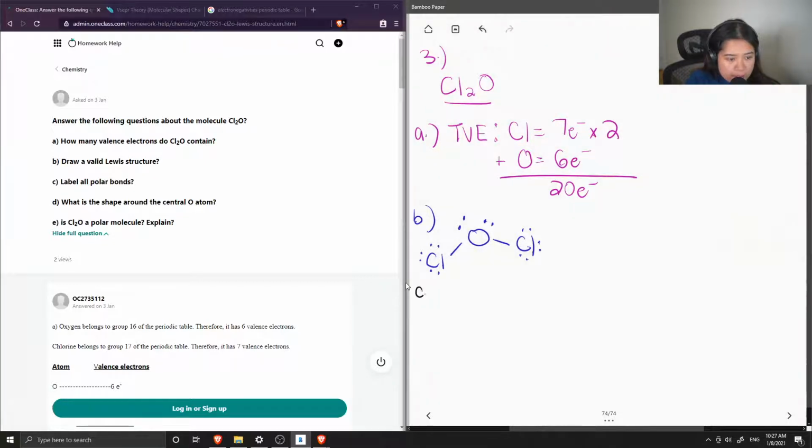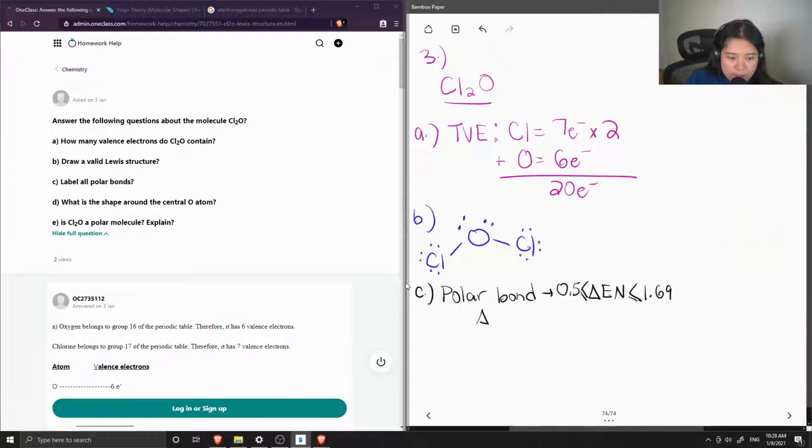Part C, label all polar bonds. Typically you have a polar bond when the electronegativity difference between the 2 atoms is greater than 0.4. So I'm going to say greater than or equal to 0.5, but less than 1.69.